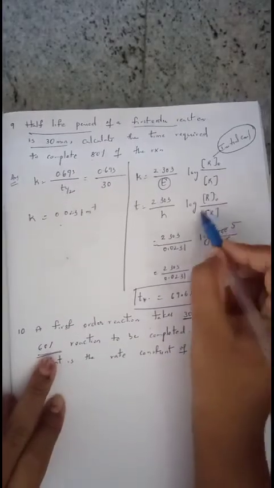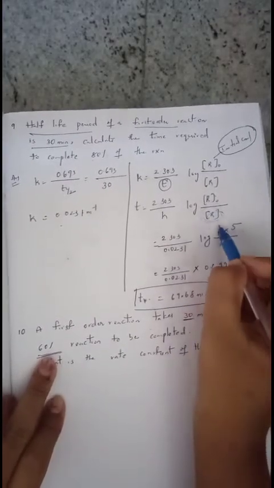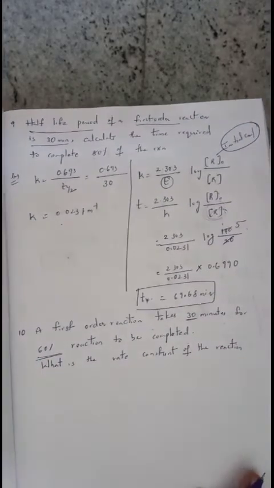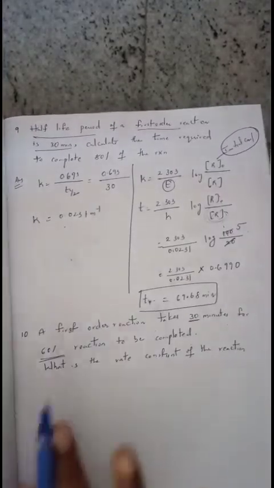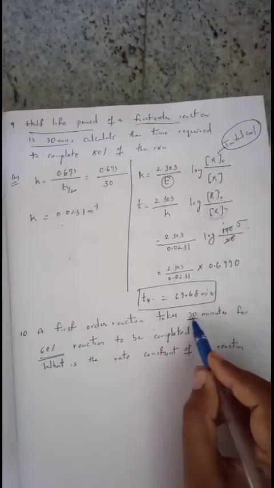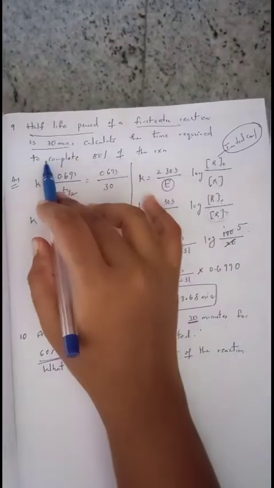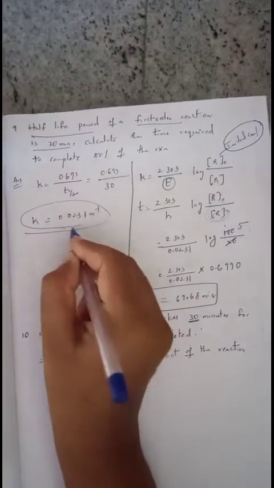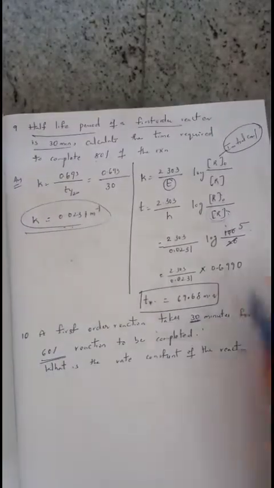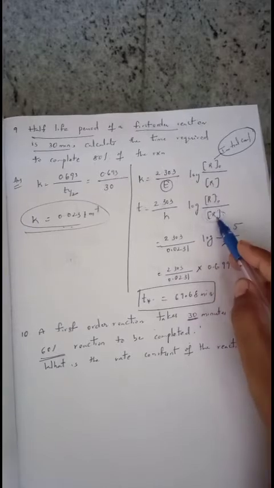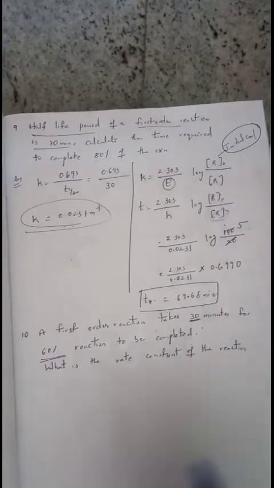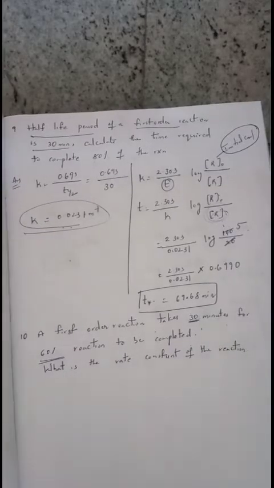In place of R you take 40, in place of R naught 100, and then you will get the answer. The K value here will be the same, because here also T half is 30. You need not find the K value again, you can take it as it is. R naught is 100, R is 100 minus 60 is 40. Just substitute that and find the answer. This is homework for you.